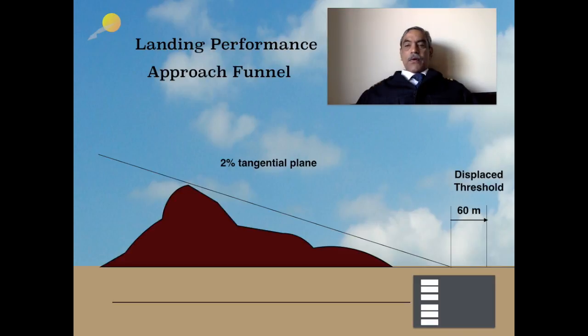So this is how we will be displacing the landing threshold, or displacing the touchdown point. So your landing distance available would be slightly different from the takeoff run available. It will be less, obviously.